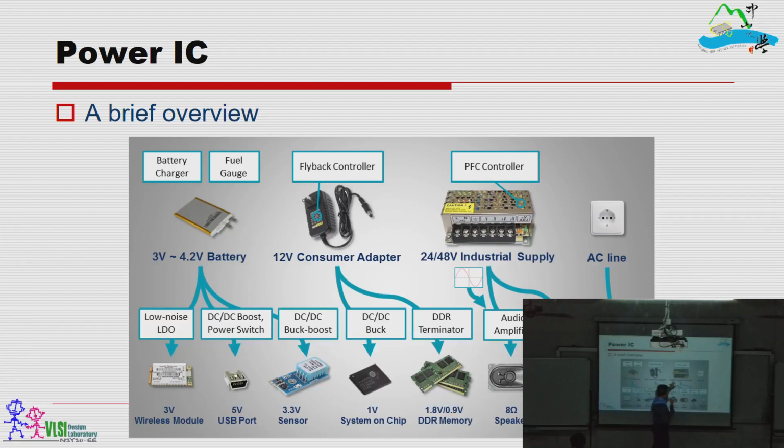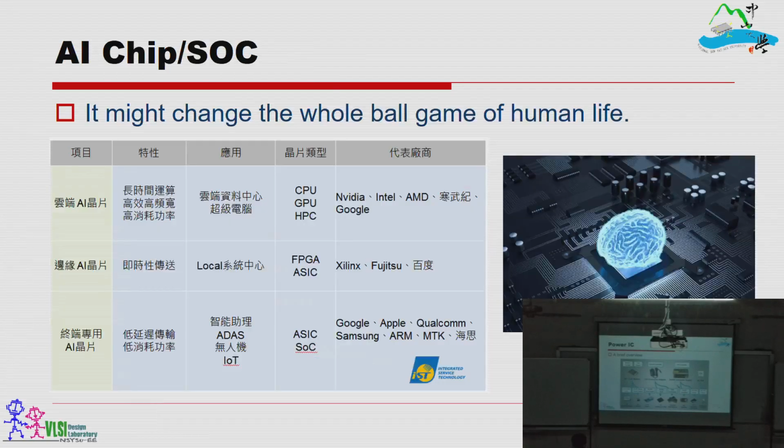And this is 24 to 48, power supply, AC lines. And these are the end products: mobile phone, USB, sensors, and so on. A speaker, you like to hear music, stereo in your car, for example. And you need a panel in front of you so that you can see the GPS and the tour guide. And lighting, of course, in the car is also critical. So this is for the power ICs.